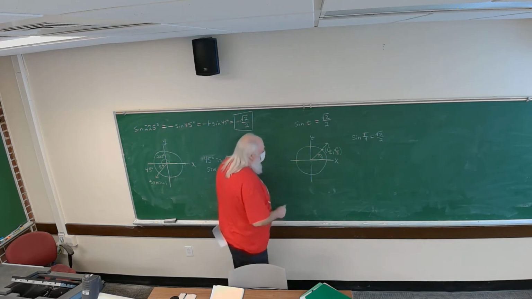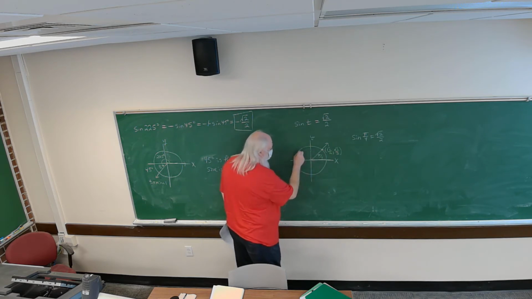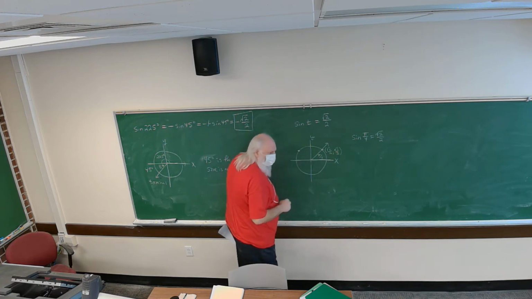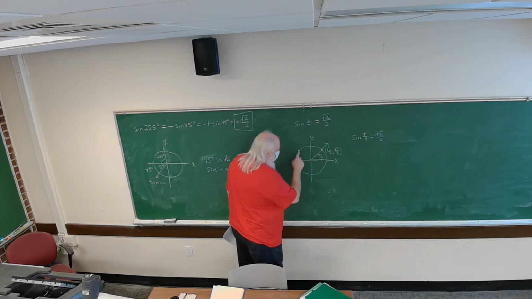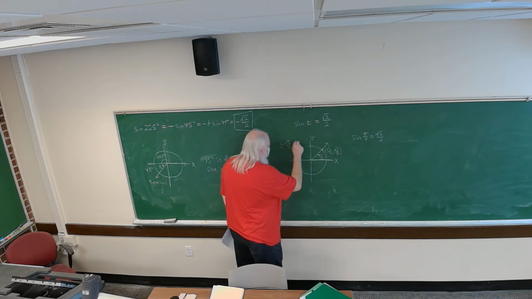So we take this point and we go directly across. We find a point that is symmetric to it on the left side of the y-axis. That point that is symmetric to this point has coordinates minus square root of 2 over 2, square root of 2 over 2.